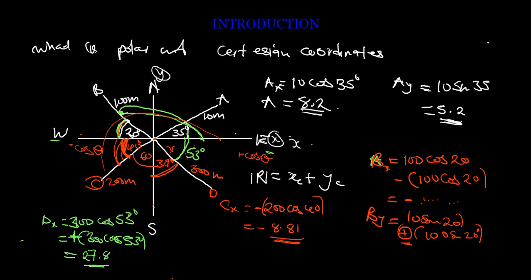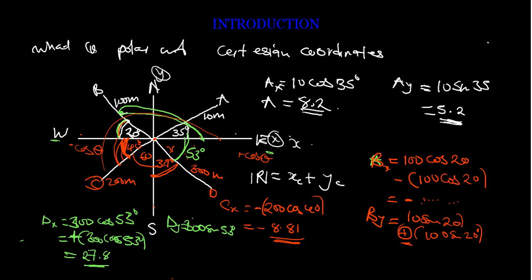Then for y, it is also the same case. For y, you say dy is equal to, and now y is down. You bring that magnitude, which is 300, sine. By the way, we use sine for y, right? That's what we agreed. So 300 sine 53.